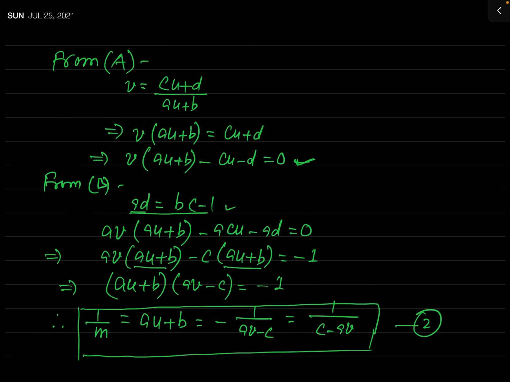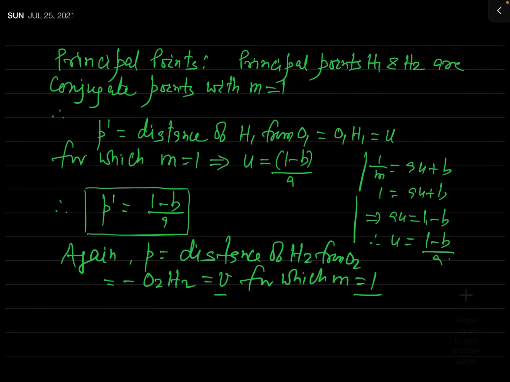You can obtain it from here: 1 over m is equal to 1 over c minus ab.